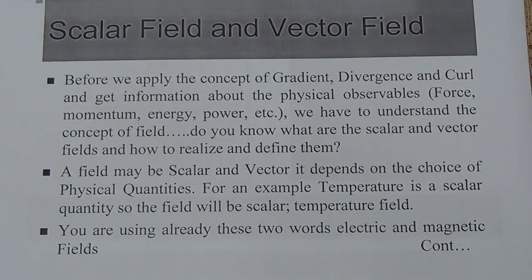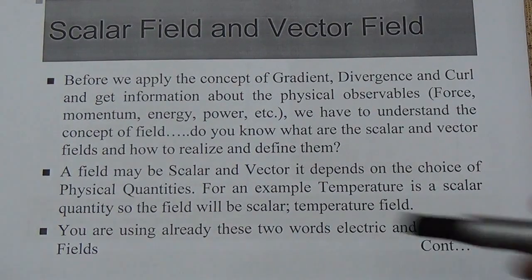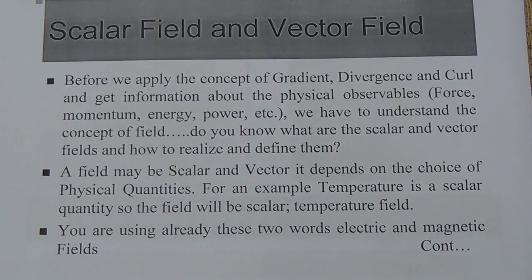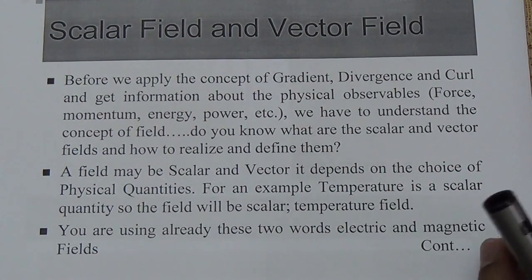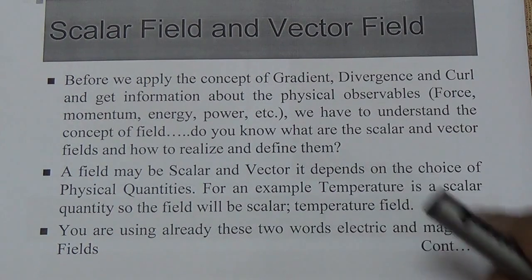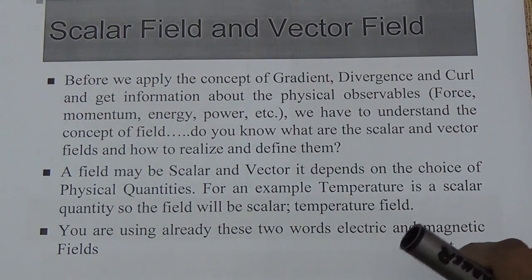So for example, temperature is a scalar quantity, and in a room we can measure temperature, and temperature will be different at different points. So temperature is a function of the spatial coordinates x, y, z. So T is a function of x, y and z. That is the field of the temperature.